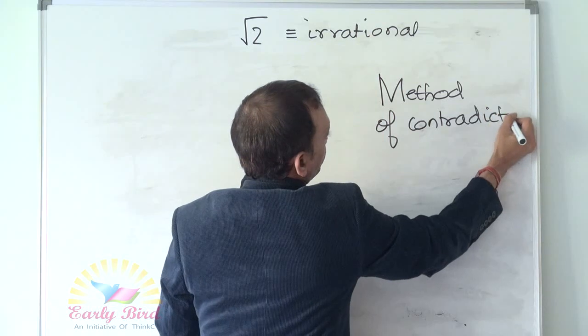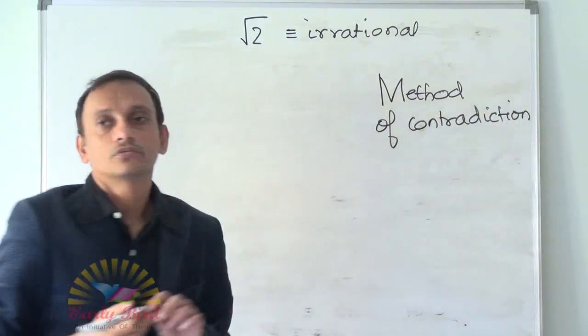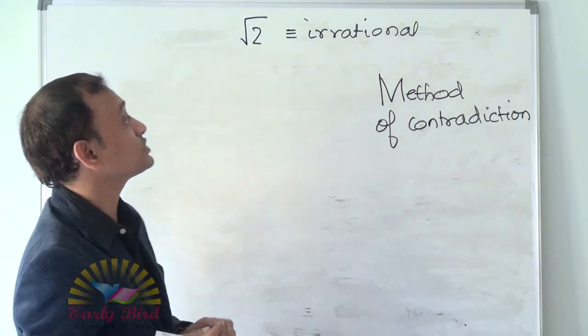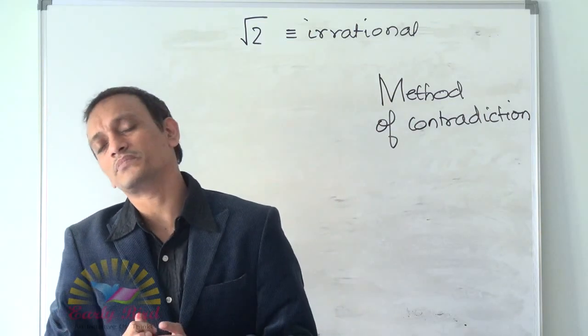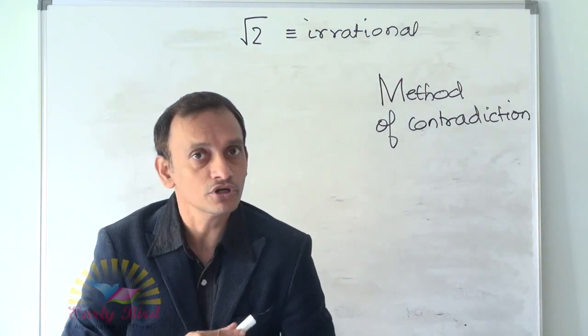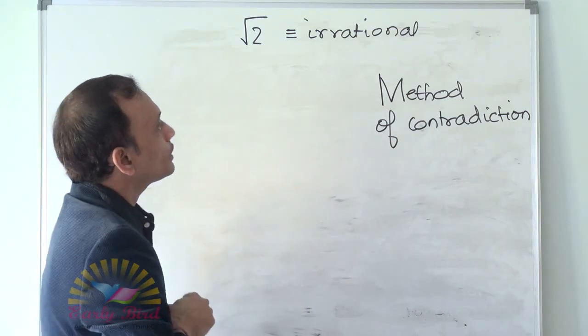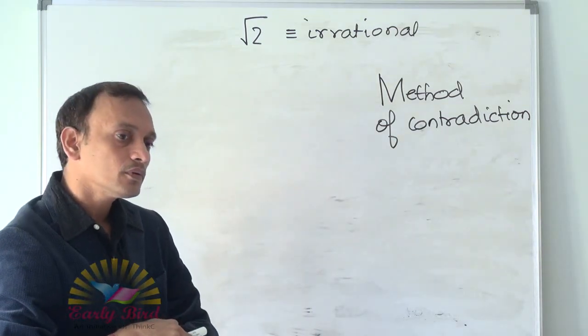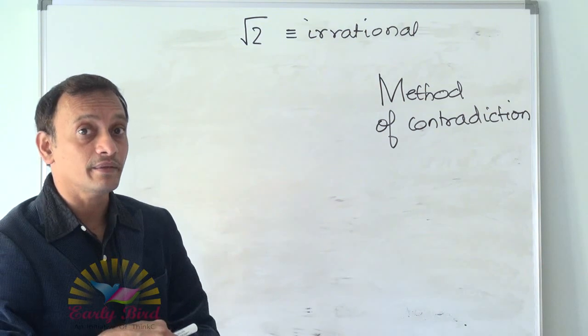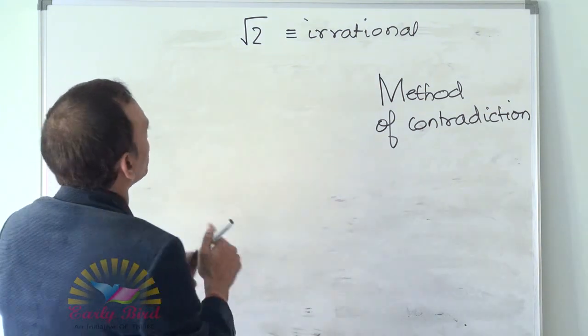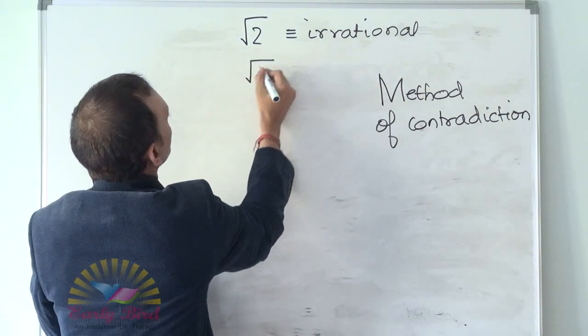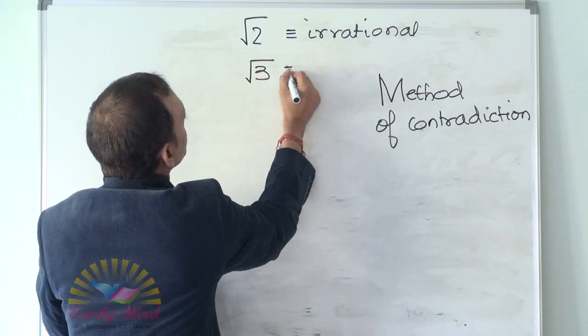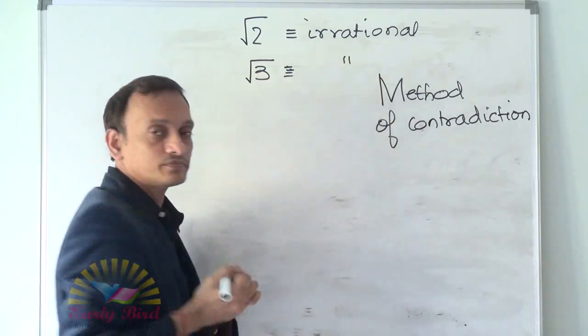Root 2 is irrational, is established not by direct means, but by means of the method of contradiction. In exactly the same way, I'll come to that later, we'll be able to show that root 3 is also irrational.